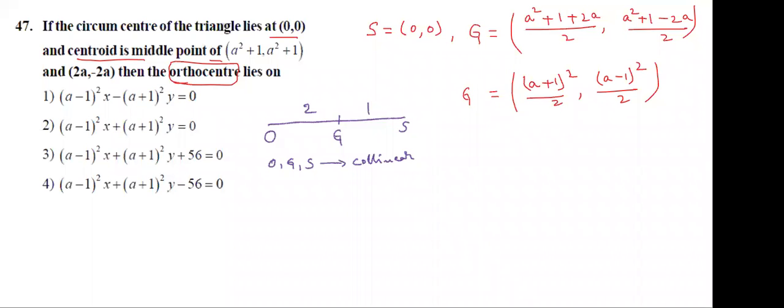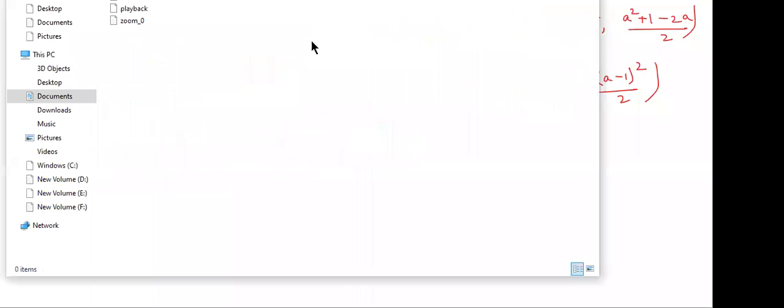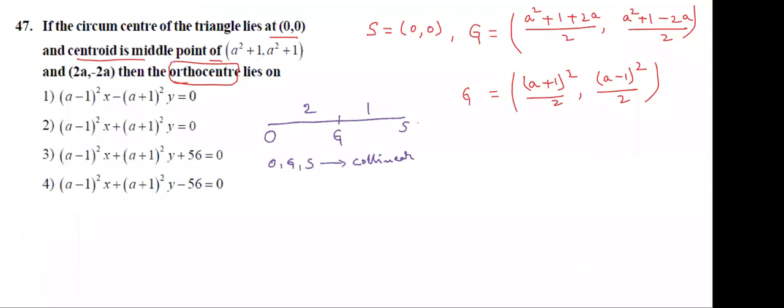Now we need to find the equation of the line. Observe here, what is the circumcenter? Origin. That means the line passes through the origin. The line passing through the origin means what is the formula? y is equal to mx, or not? y is equal to mx.